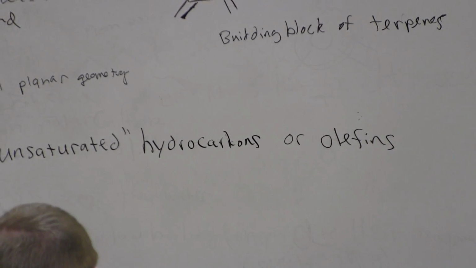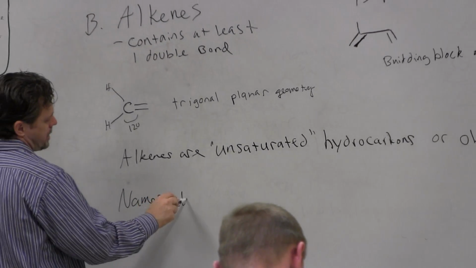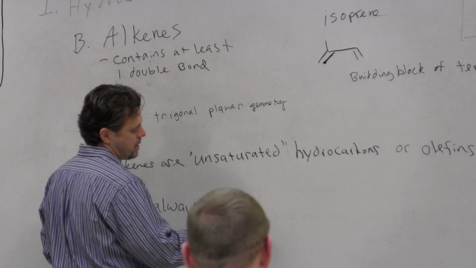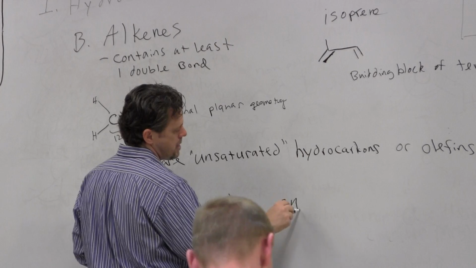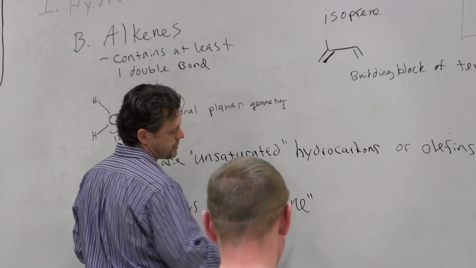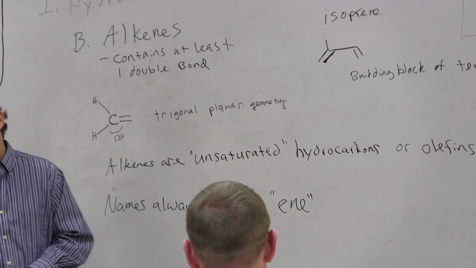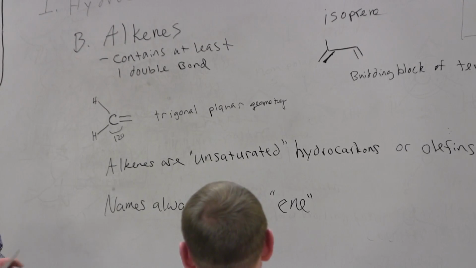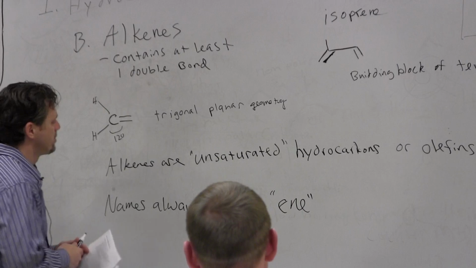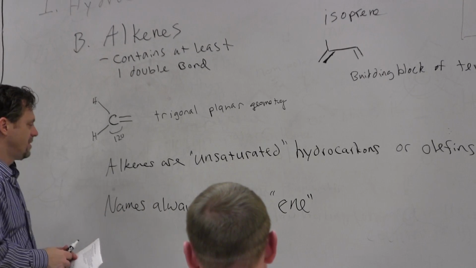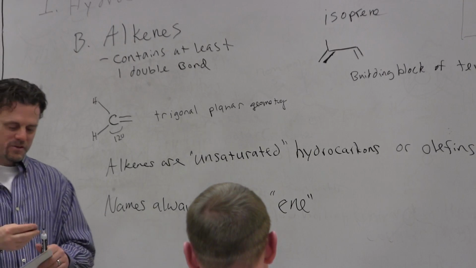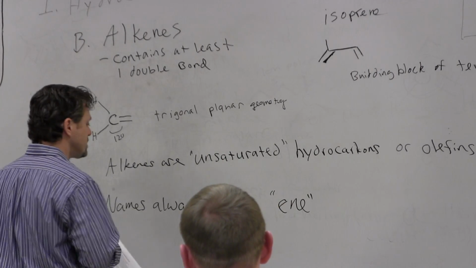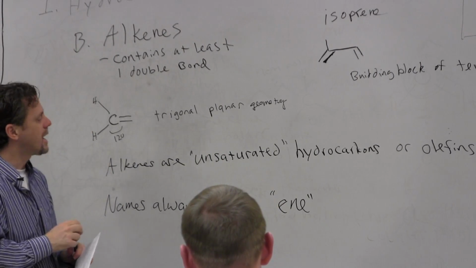Names always end in E-N-E. Unless, of course, you're in essential oil chemistry, and then you get things like tricyclene, which is not an alkene. But in traditional or formal chemistry, an alkene always ends in E-N-E. An alkane always ends in A-N-E.